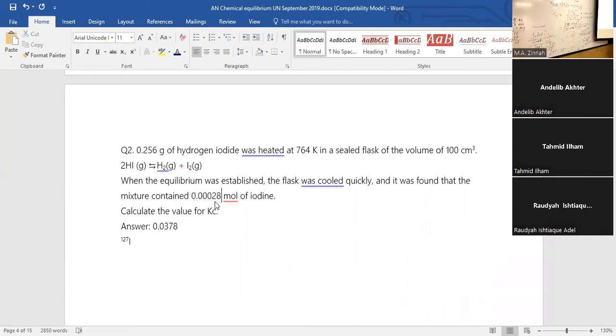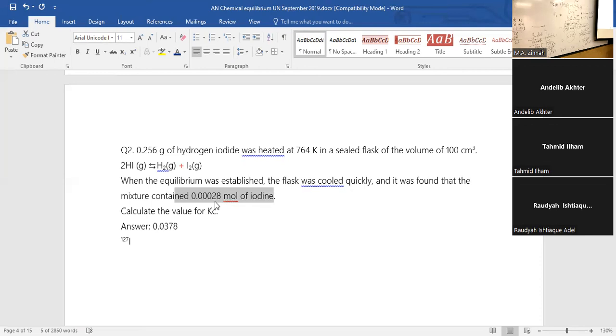Which substance is there? Iodine, right? And initially you have iodine 0, where's the product, 0. When the reaction is finished, you get this mole of iodine. So what's the change of iodine?